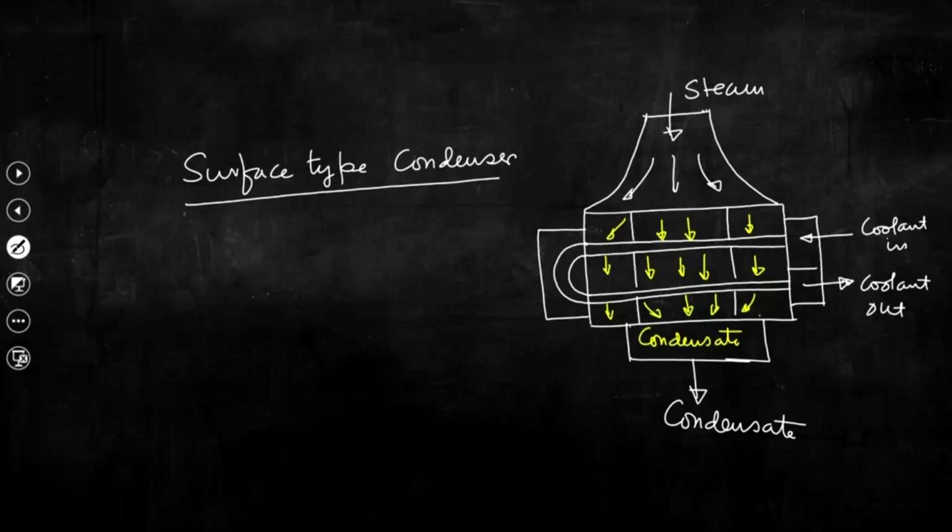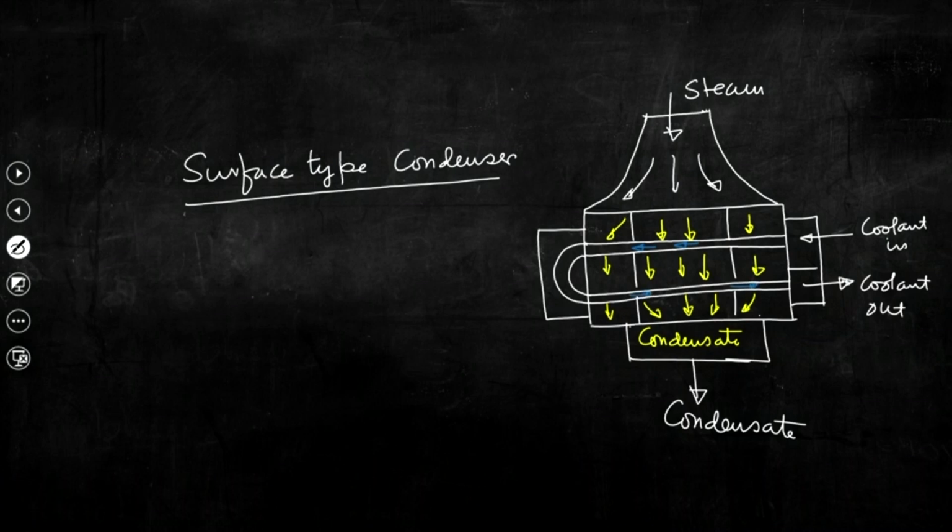So, you can understand this is a mechanical arrangement, the tube which is shown at the top. Coolant is allowed to flow from right to left or left to right, depending on the design. So, this is the flow direction.